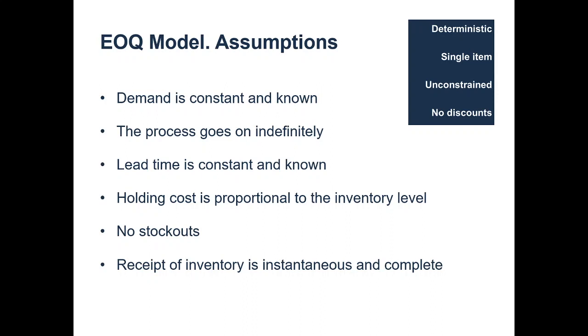We won't have stockouts, which means that we're going to meet all our demand. And finally, we're going to receive the inventory that we demanded from our customer in a single instant in time. We're not going to have a partial delivery, but a single one.